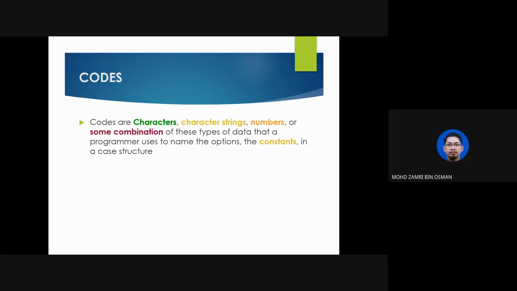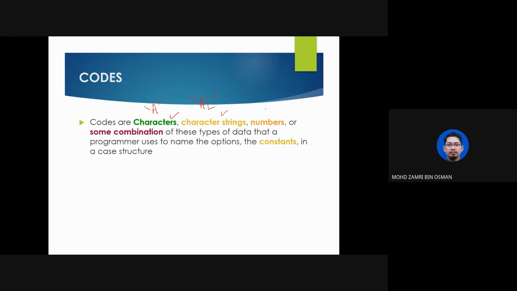Okay, for the codes here, we can represent the case as a character or a character string. A character is only one character, let's say A. A character string here is multiple characters, let's say AL, for example.